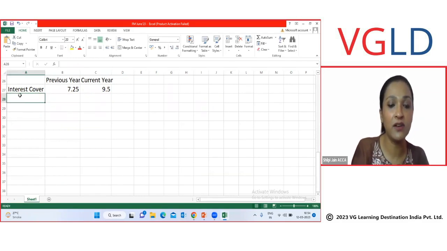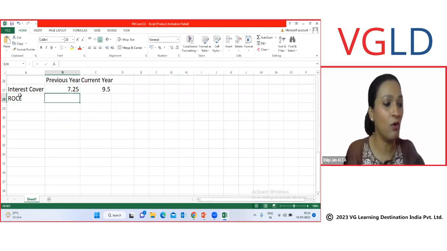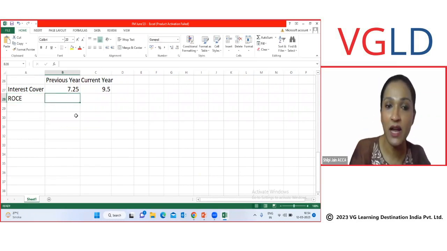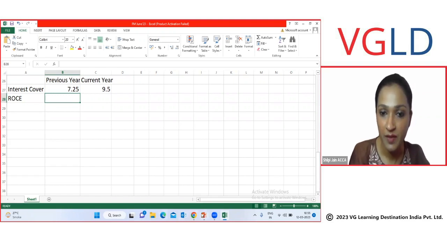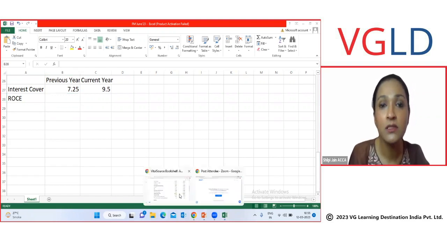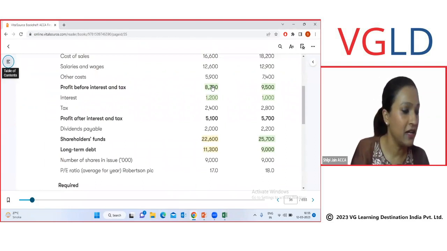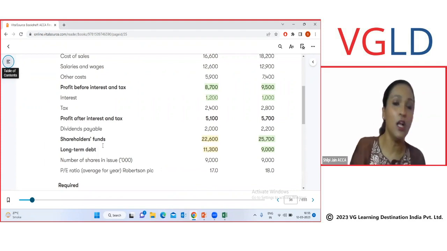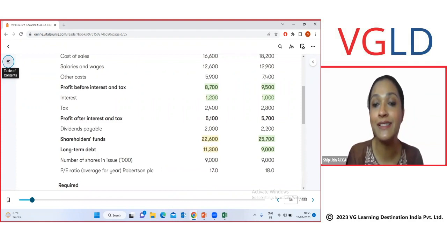Let's calculate the return on capital employed now, which is obviously equal to your profit before interest and tax. So that is 8,700 divided by your total capital employed, which is including the long-term debt as well. So which is going to be equal to 22,600 plus 11,300.